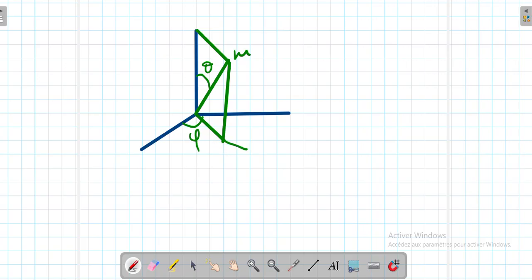Then we said that this length is rho, in which direction? E rho. This length we said was r, in which direction? ER.